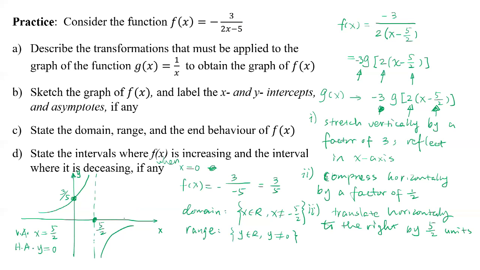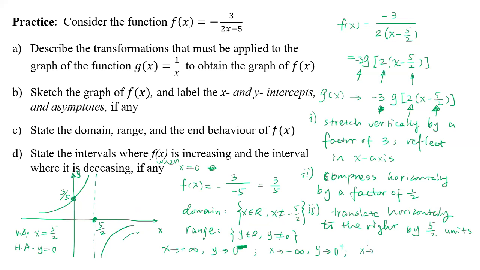And behavior. When x approaches positive infinity, y approaches 0 from the negative side, and it will go in this way. When x approaches negative infinity, y approaches 0 from the positive side.